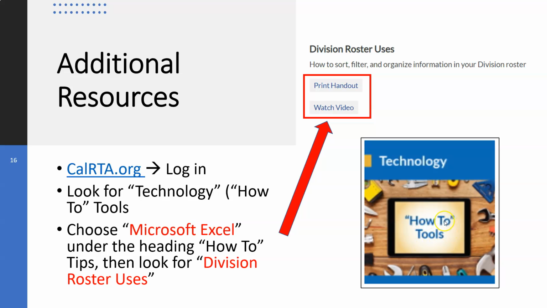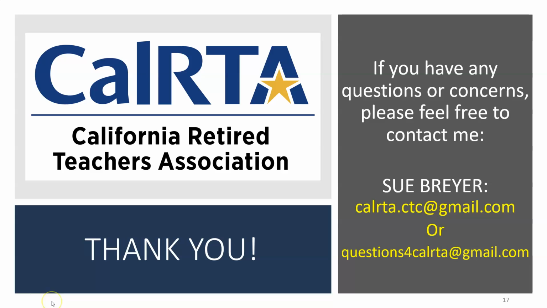Click on the box and then look for the heading Division Roster Uses and choose Microsoft Excel. The tutorial and handout are excellent resources in learning how to work with your Division Excel file, so give it a shot.